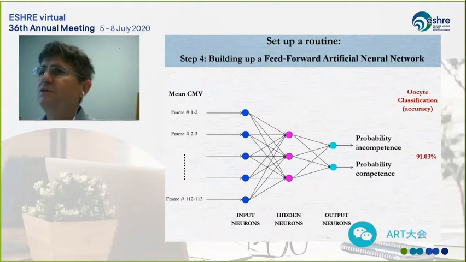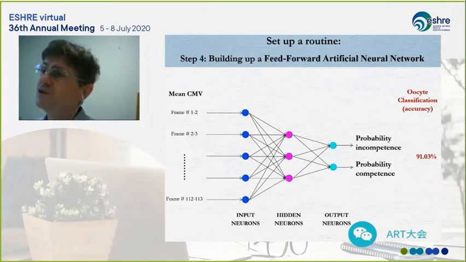So the results showed that our platform could detect the developmental competence of an oocyte with a 91% accuracy, which is comparable to that obtained with a well-trained operator.